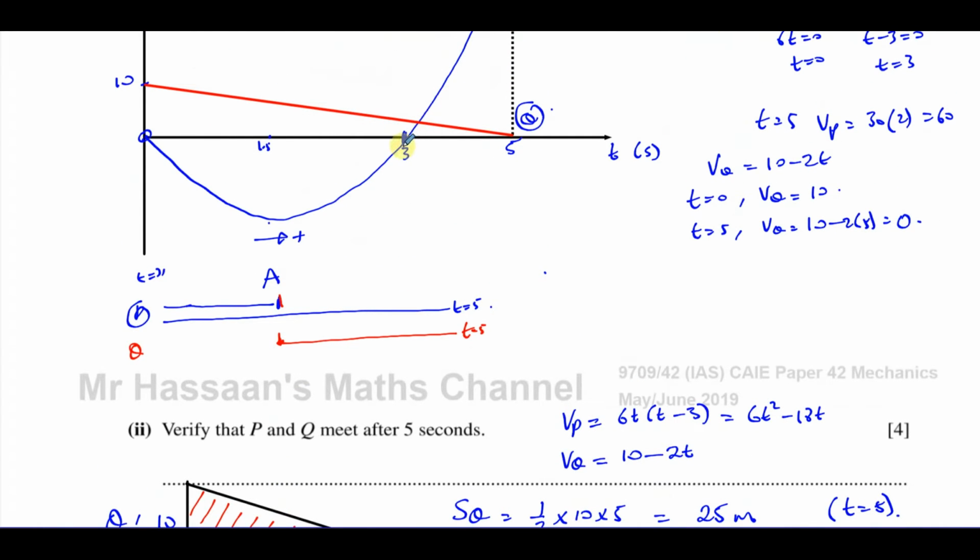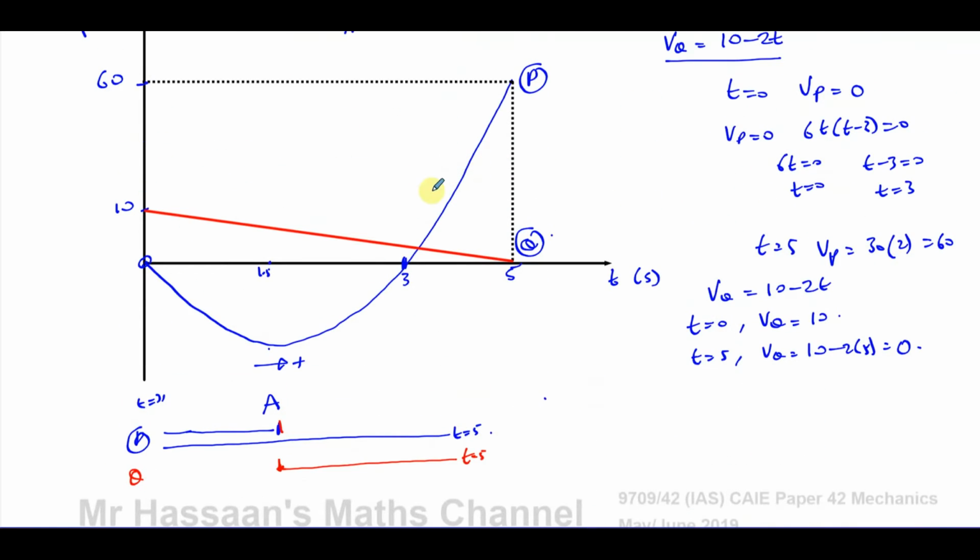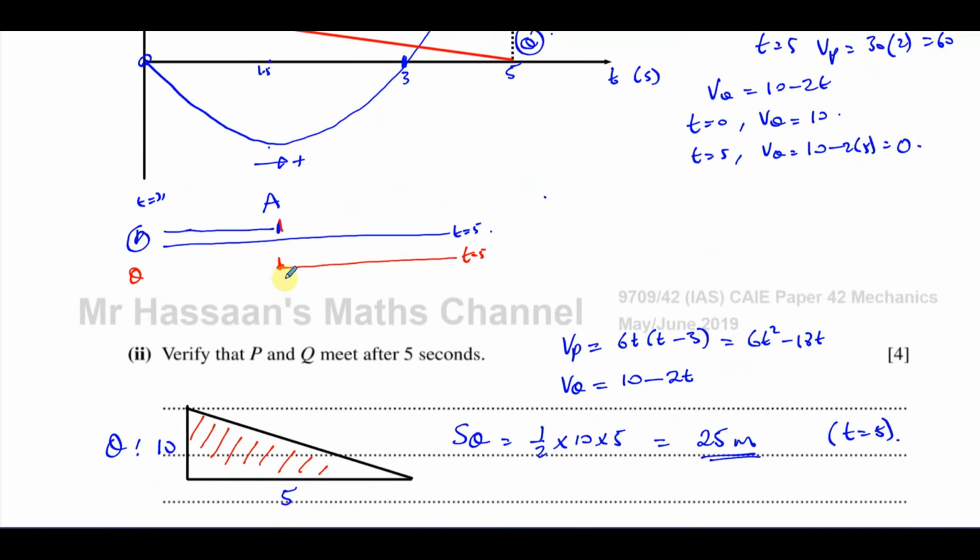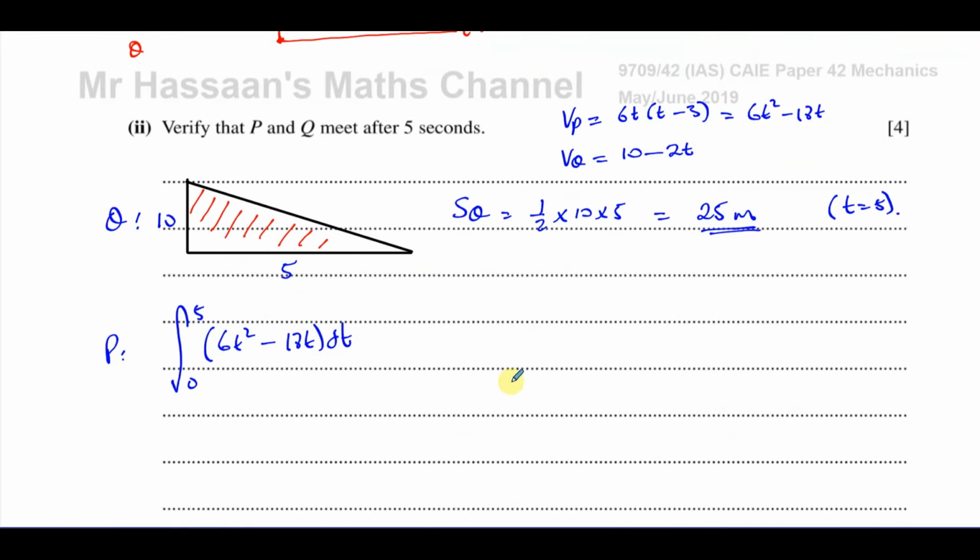We want to know the difference between those areas to find the displacement of P, not the distance traveled. So the displacement of P is given by 6t cubed over 3, which is 2t cubed, minus 18t squared over 2, which is 9t squared.